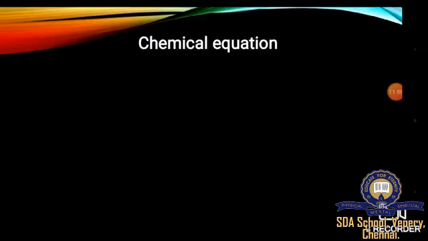So what is meant by a chemical equation? When a chemical reaction is represented in equation form, it is called a chemical equation. How is it represented? We can represent it using symbols and formulas to show the chemical changes.